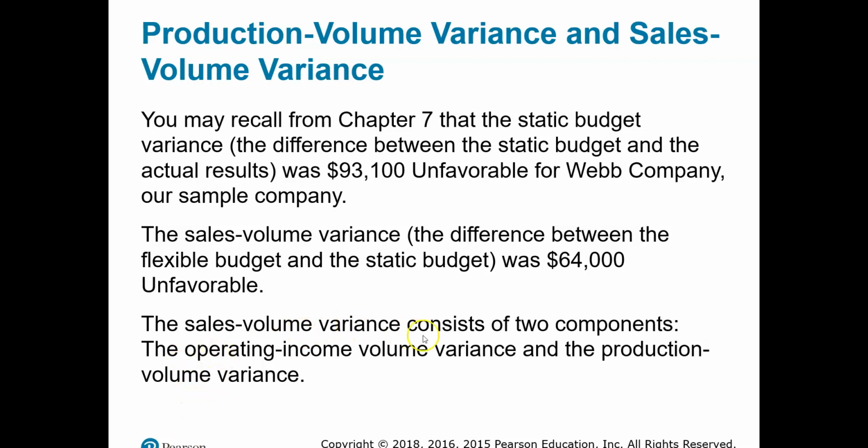Now, the sales volume variance is going to consist of two components: the operating income volume variance and the production volume variance.